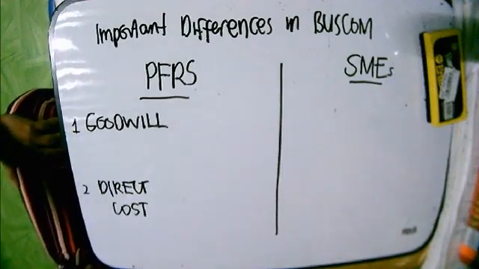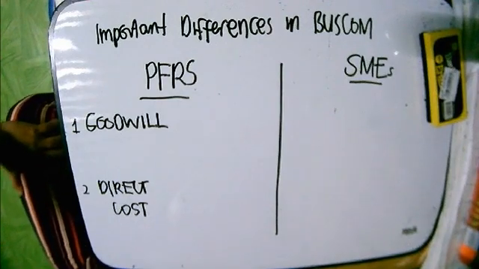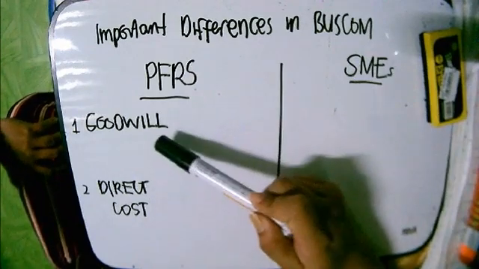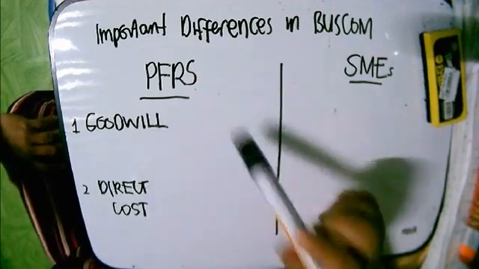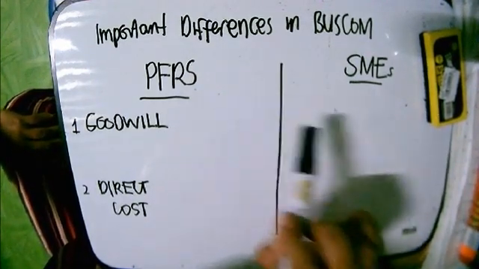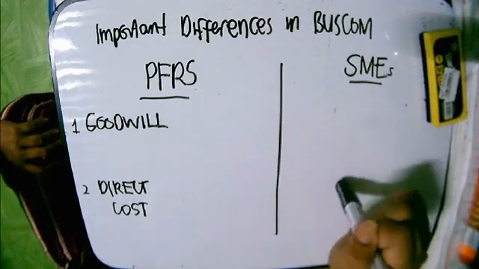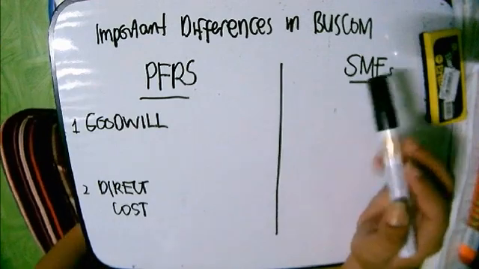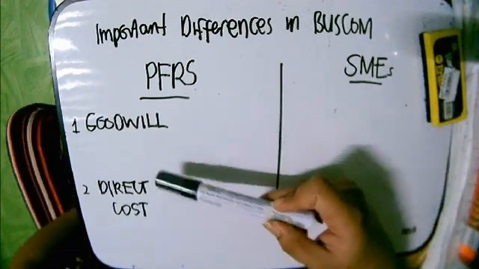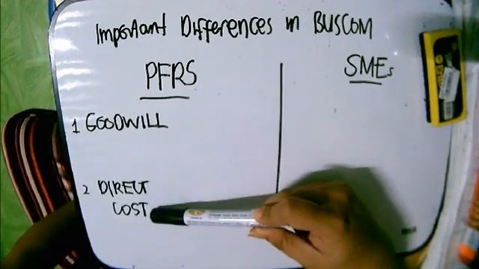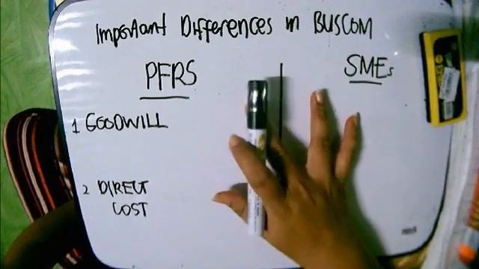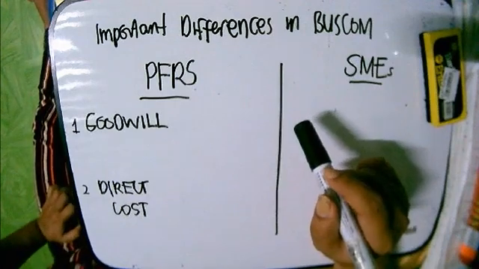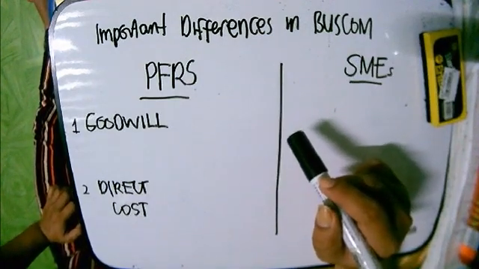Now, let's go to the important differences in business combination of these two terms here under full PFRS and under SMEs. Ibig sabihin ng SMEs, small, medium enterprises. So, magkaiba yung ating treatment ng goodwill and direct cost under these two standards. Now, si goodwill under PFRS, we do not amortize it.